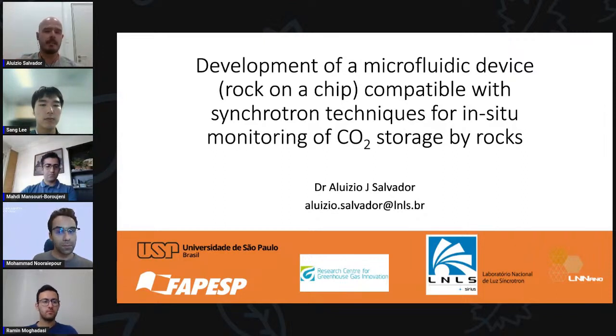You can spend some weeks here doing your experiments, not only at the synchrotron laboratory, at the beamlines, but you can also use all the infrastructure and support laboratories that we have here. But I think the short path is to directly contact the researchers, show interest, and make your way as a collaborator.